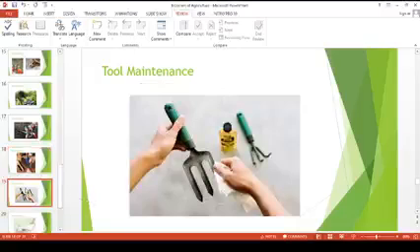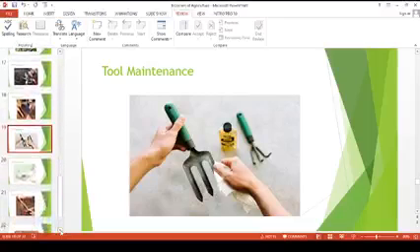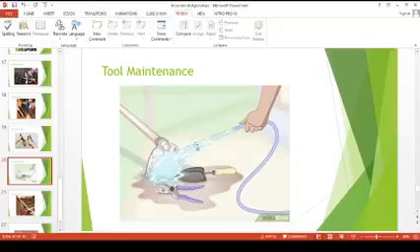Then we can also maintain our tools by applying a thin coat of oil to prevent rusting. So if you want to prevent rusting, you can apply some oil to the tool, right? That's a bottle of oil here. And you can also paint the tools to prevent rusting. Then we have another tool here, which is a hoe, right?